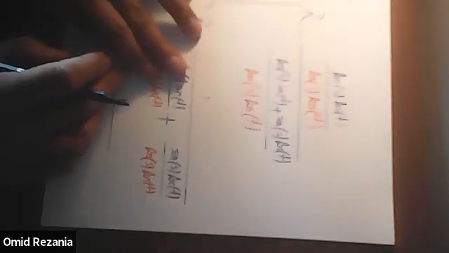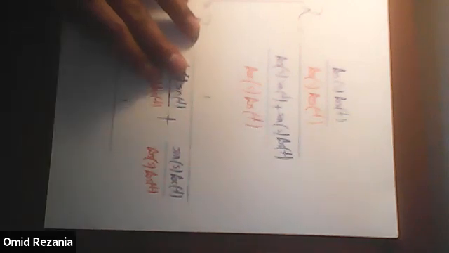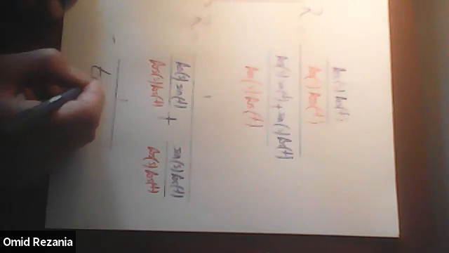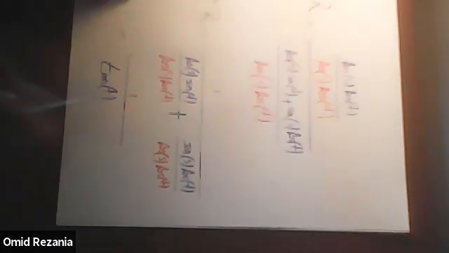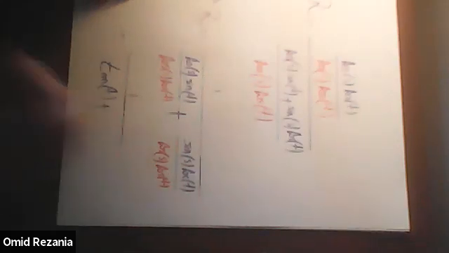Yes. Then I have sine T over cosine T, which is equivalent to the tangent of T, right? Because sine divided by cosine of the same angle produces the tangent of the same angle. Then it becomes plus.